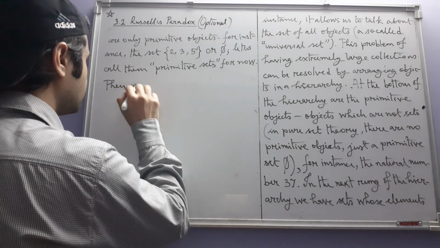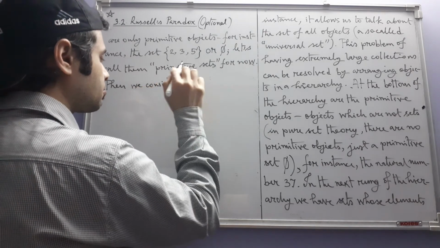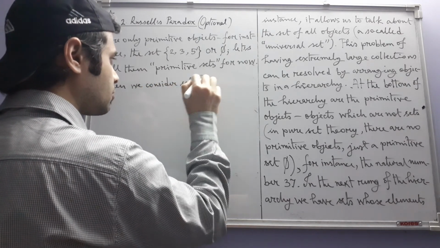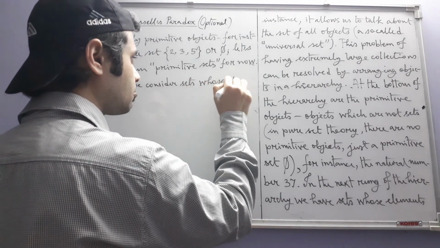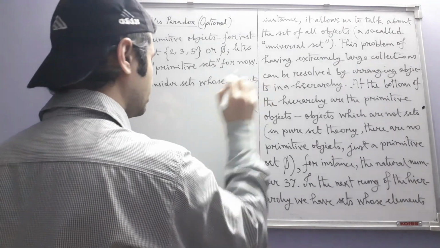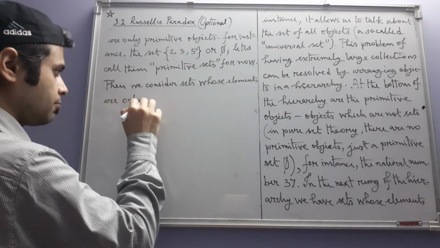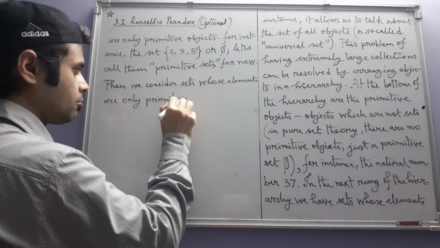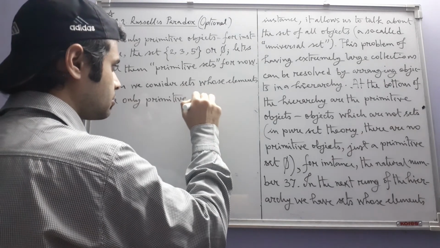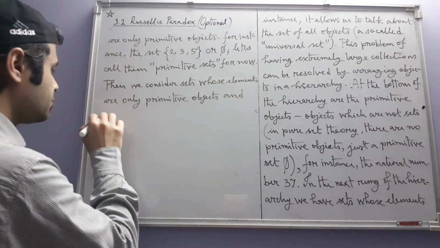Then we consider sets whose elements are only primitive objects and primitive sets.